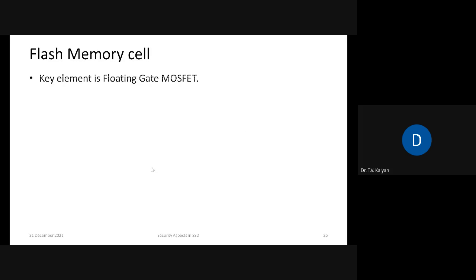Right? The flash memory cell, the key element is the floating gate metal oxide semiconductor field effect transistor, MOSFET for short. So if we consider an NPN transistor, don't worry, I'm not going to get into the device level details. I'm just going to skim through the operational aspects of it.